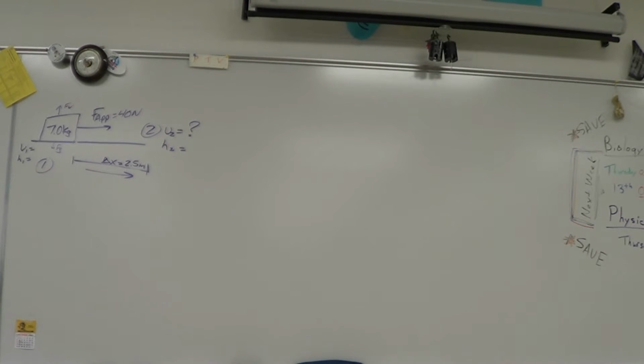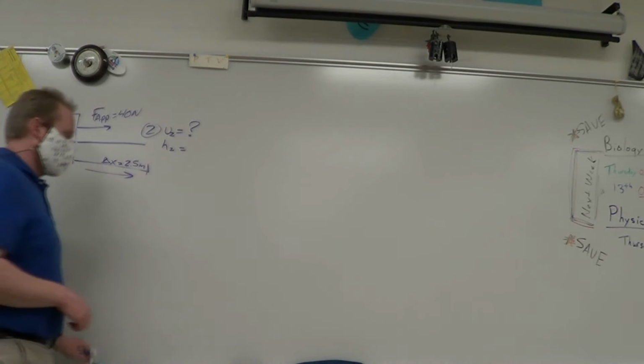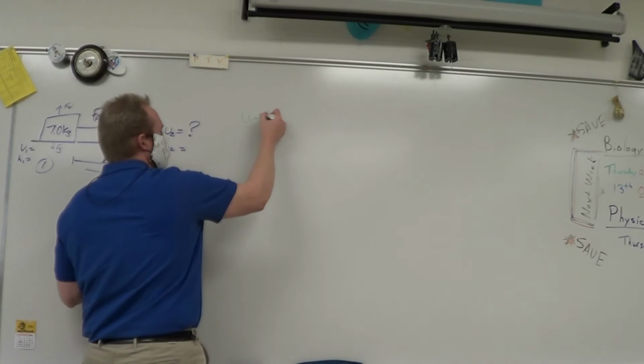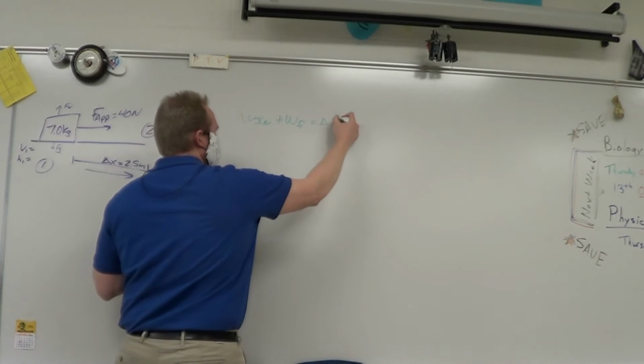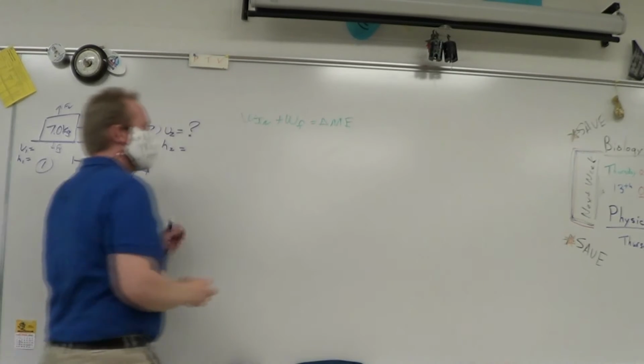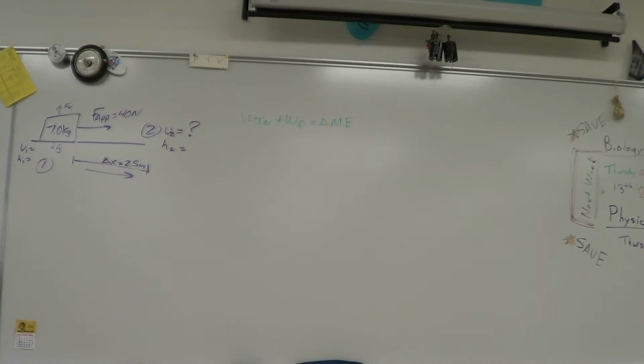Because it's a two location problem, the equation we use is work in plus work done by friction is equal to our change in mechanical energy. Now if work in is 0 and work done by friction is 0, then we could say ME1 is equal to ME2. However, that's not the case. There's no mention of friction.